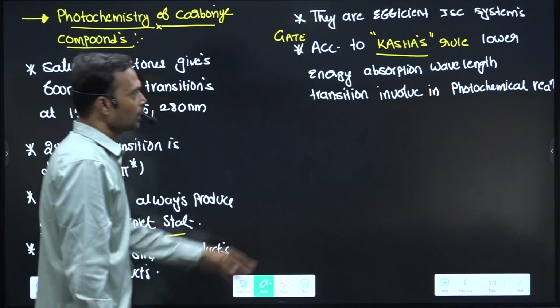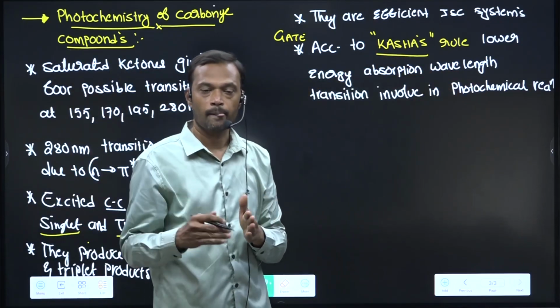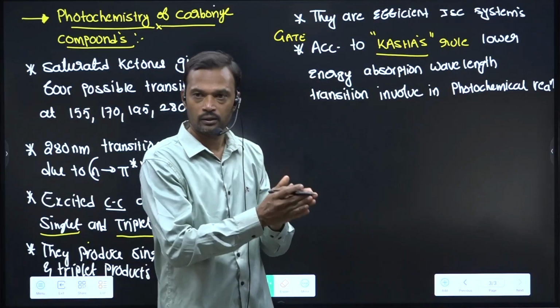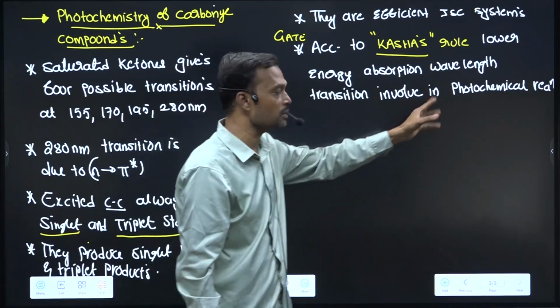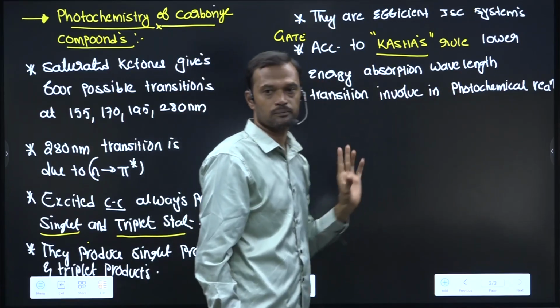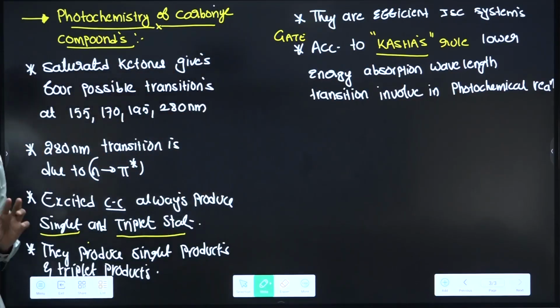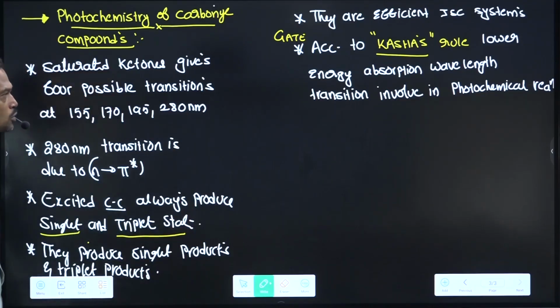Kasha is saying that if a molecule has many transitions, lower lambda, higher lambda like that, whichever lambda has the low energy absorption for any given carbonyl compound, only that lambda absorption is taken as major if lambda is not mentioned, because it is the first absorption frequency for a given organic molecule. According to Kasha's rule, the lower energy absorption wavelength transition is involved in the photochemical reaction. That statement they gave.